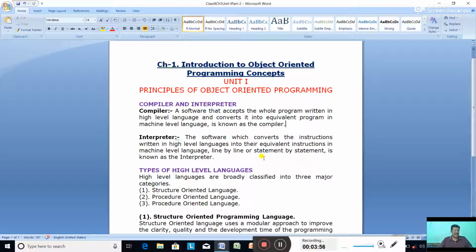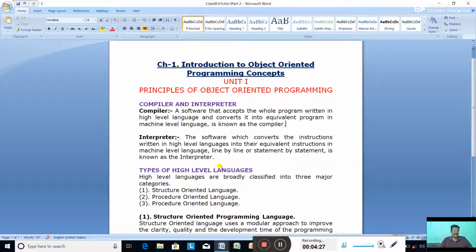This process of correcting errors is easier than with the compiler, but the program takes more time to execute successfully. Okay, an interpreter is generally used in microcomputers. It helps the programmer find out the errors and correct them before the control moves to the next statement. If the error is found, it stops there only. After correcting the error, it moves to the next statement.